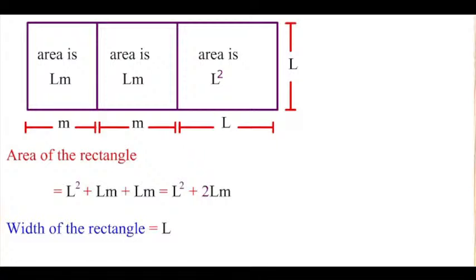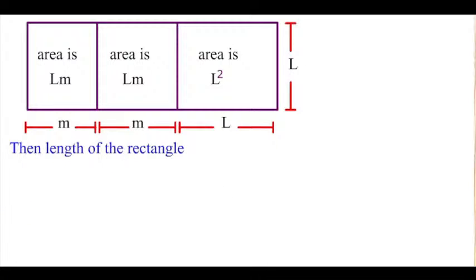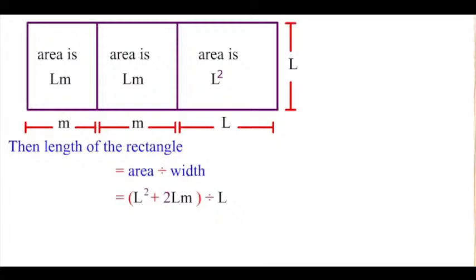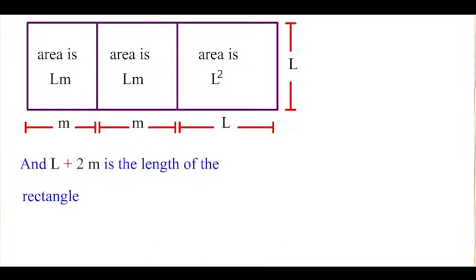Width of the rectangle is L. The length of the rectangle equals area divided by width. Then L squared plus 2LM divided by L equals L squared divided by L plus 2LM divided by L equals L plus 2M. And L plus 2M is the length of the rectangle.